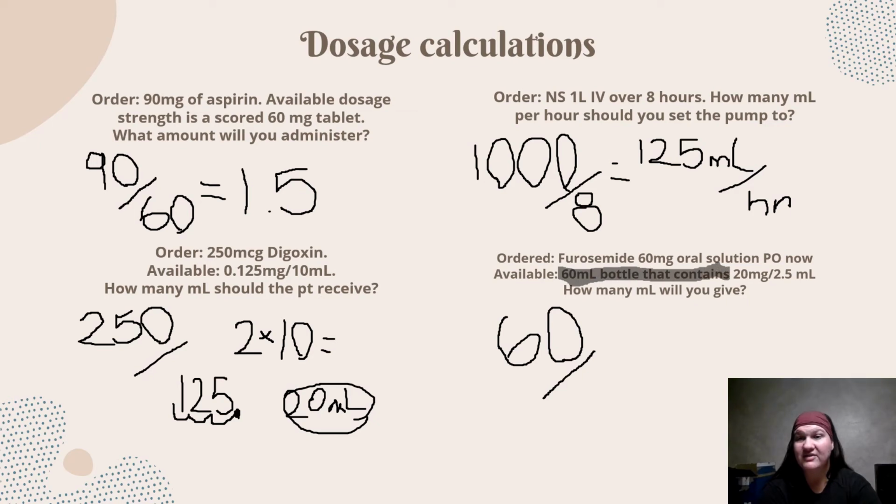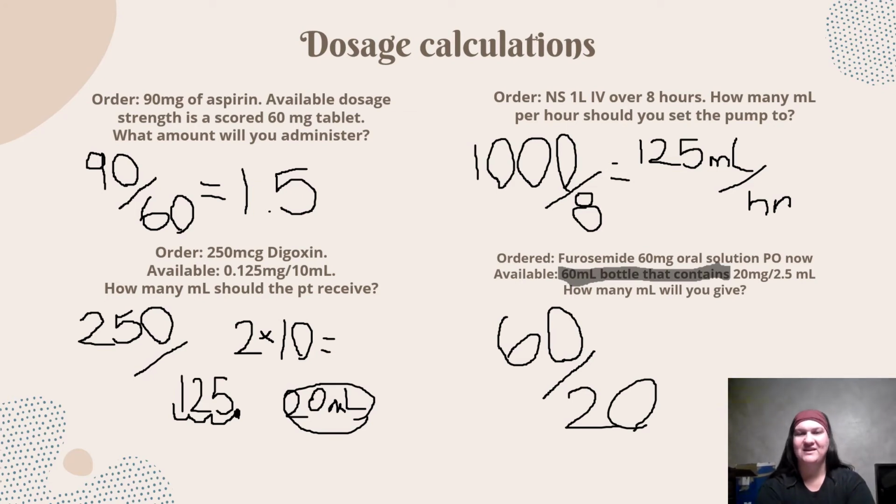Get rid of that. It has no business at all in our equation. Just get rid of it. Like literally take it out of your brain. So desired over have. We have 60 milligrams of oral solution over 20 milligrams. Desired over have, so 60 divided by 20 equals 3.